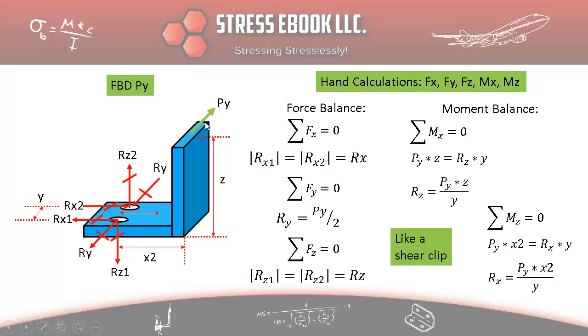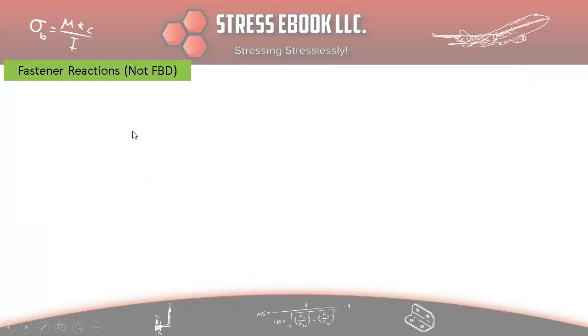So this Py times x2 divided by the distance between the force couple that reacts that moment. So what I've done here is I cleaned it up a little bit to include these absolute symbols here, just to make it a little more clear that we're looking at the absolute values here without the signs. But in the next slide, we will get into the signs as well.